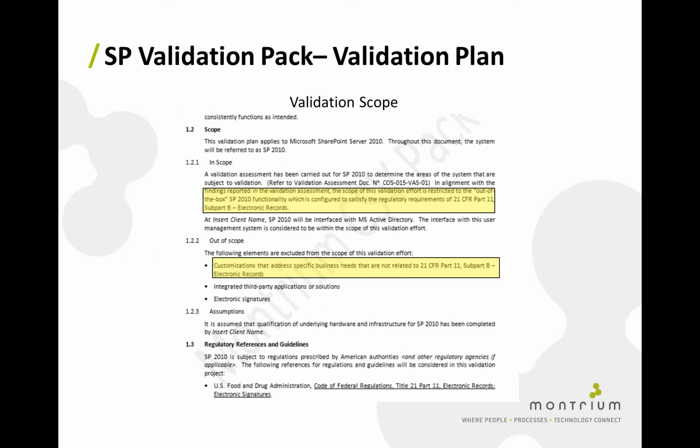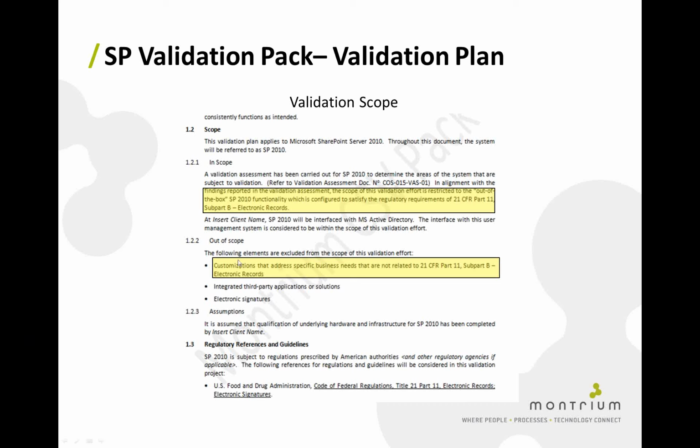So within the scope, we can see this is an example from a validation plan. We can see here that we've clearly specified that the scope of the validation effort will be restricted to out-of-the-box SharePoint 2007 functionality, which is configured to satisfy the regulatory requirements of 21 CFR Part 11, Subpart B, electronic records. And that's really our validation scope. And so we're not going to validate anything else apart from the functionality required to meet that regulation.